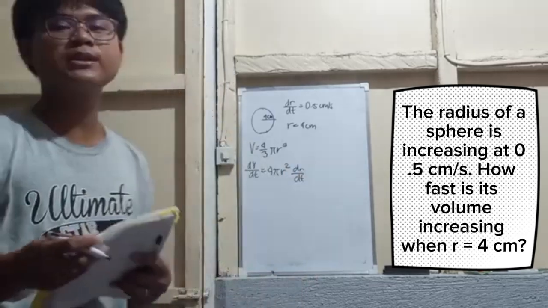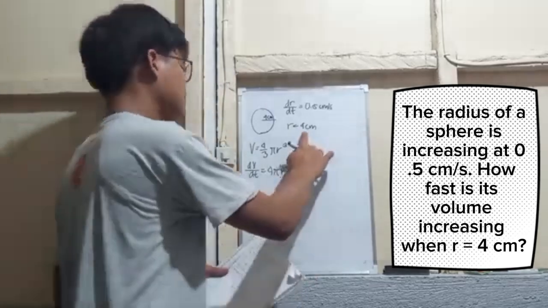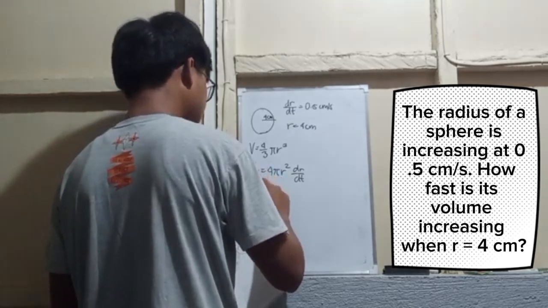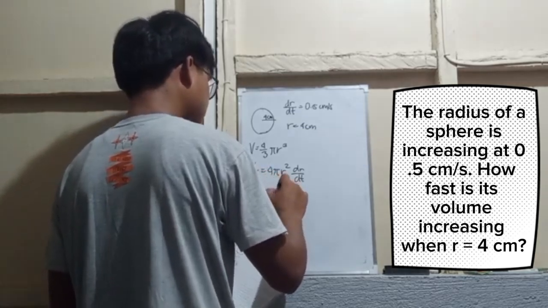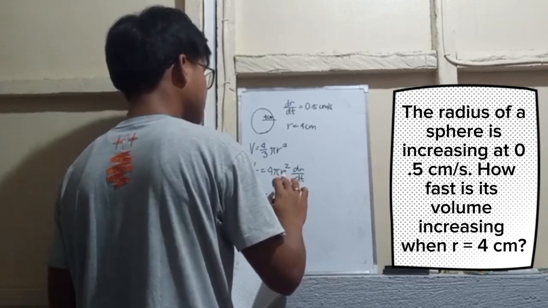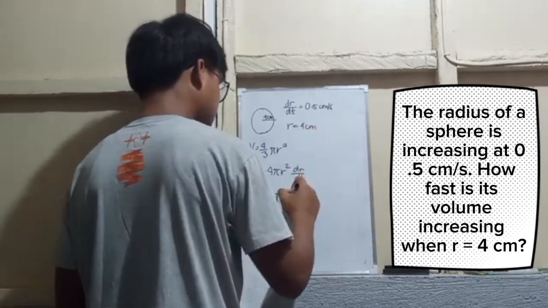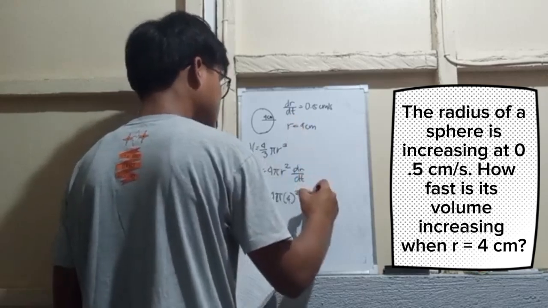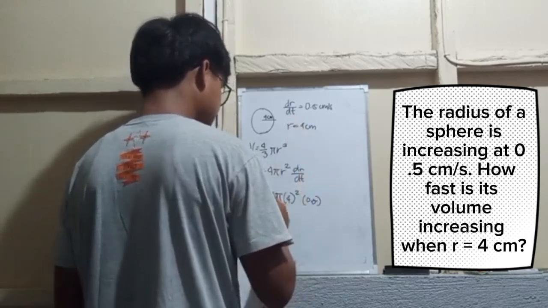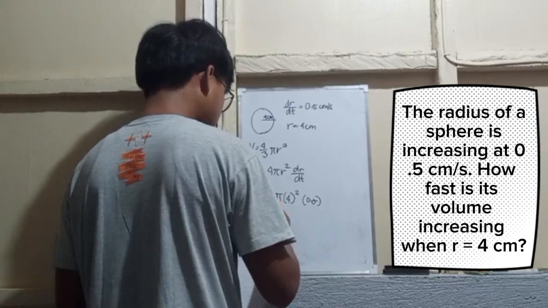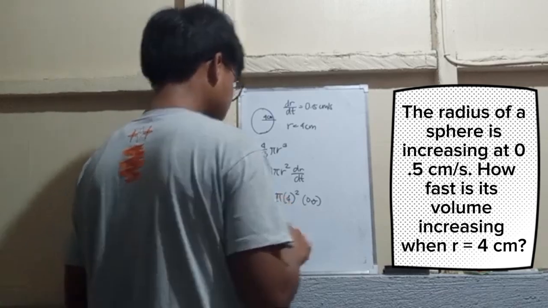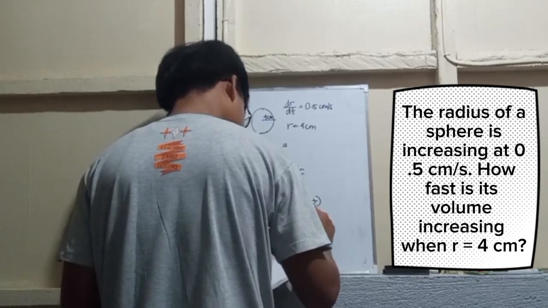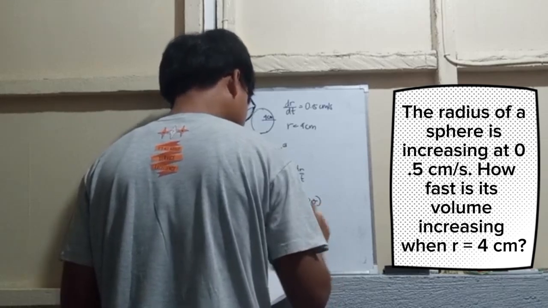So now we will substitute the given values into the formula. dV over dt, copy, then 4 pi r as 4, then squared, then our dr over dt is equal to 0.5, then calculate, and we'll get the value of 100.53 centimeters cubed per second.